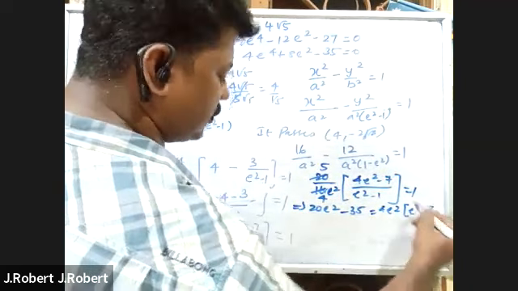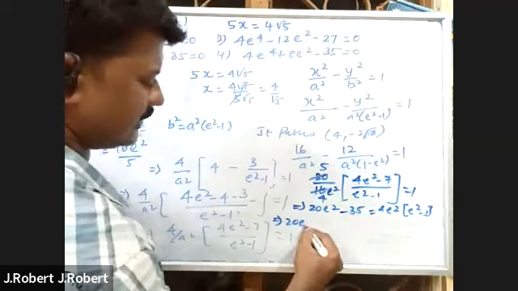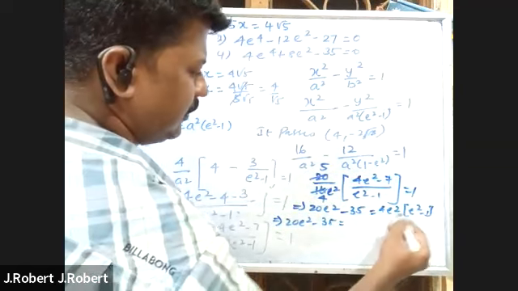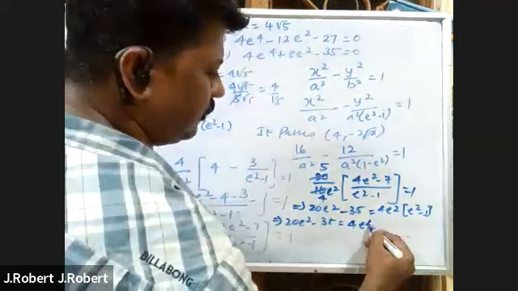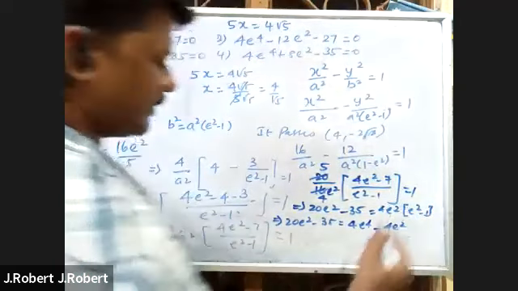into e square minus 1. Now we get 20 e square minus 35 equals 4 e power 4 minus 4 e square.